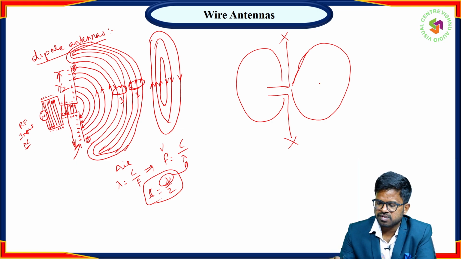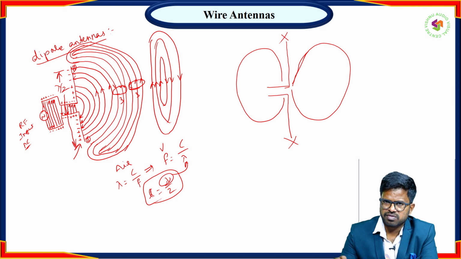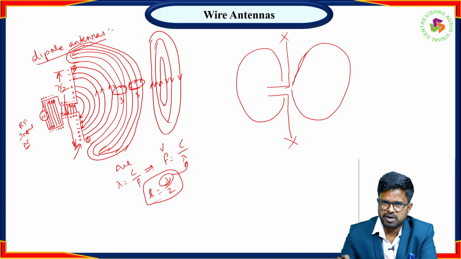That's why we use this type of antennas in our routers. If we use directional antennas, that antenna should focus in one particular direction toward the user. But if we use dipole antennas, there is no need to focus in one particular direction. They can radiate in all directions. That's why mainly we use these antennas in our routers.